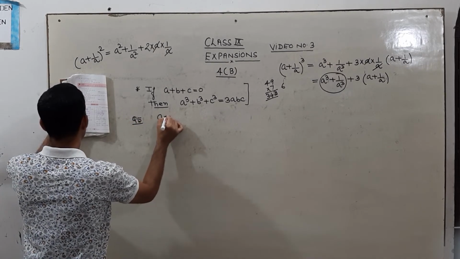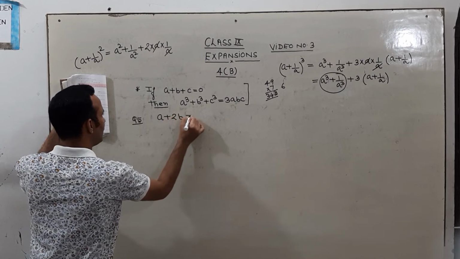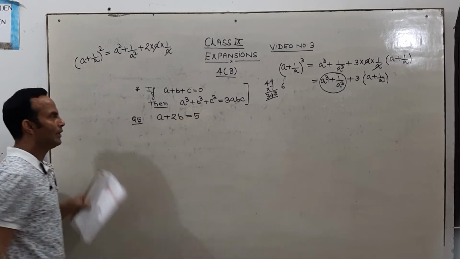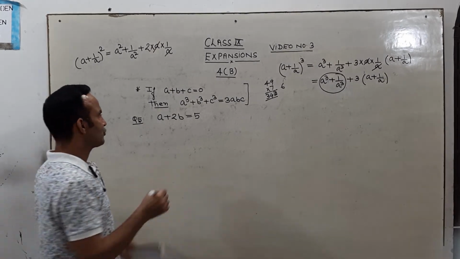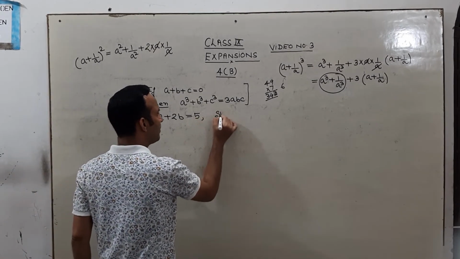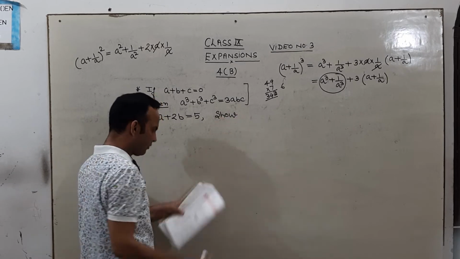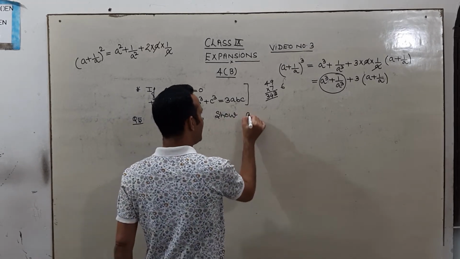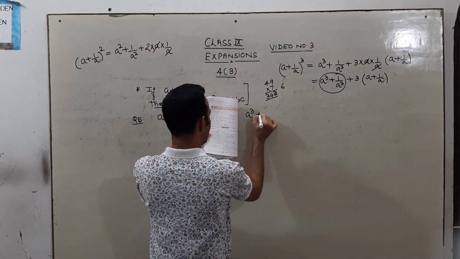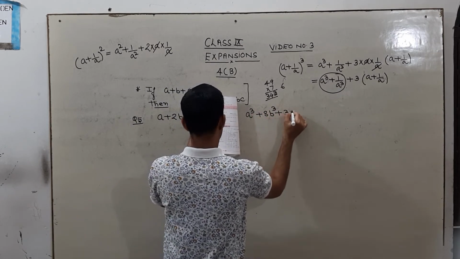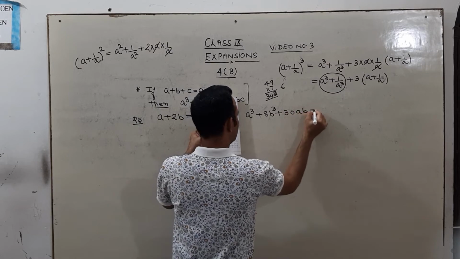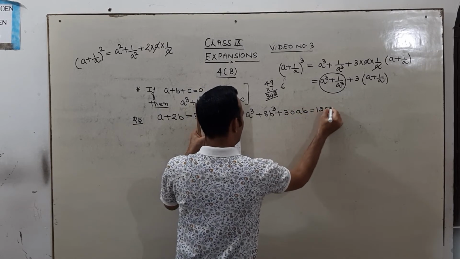If a plus 2b is equal to 5, this is given. The value of a plus 2b is 5. Then show that a cube plus 8b cube plus 30 times of ab is equal to 125.